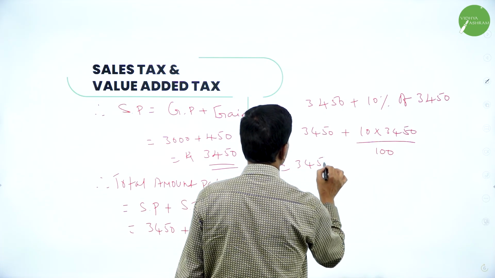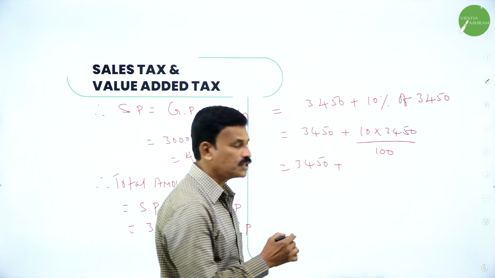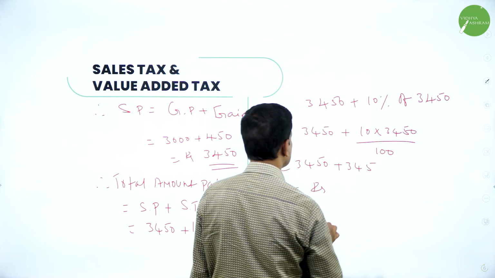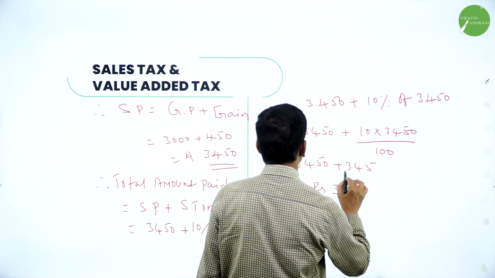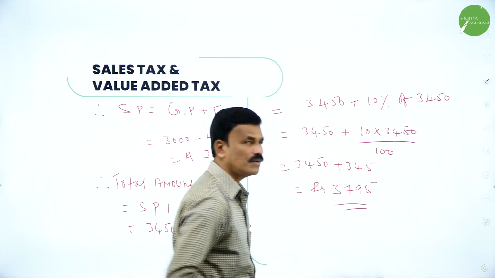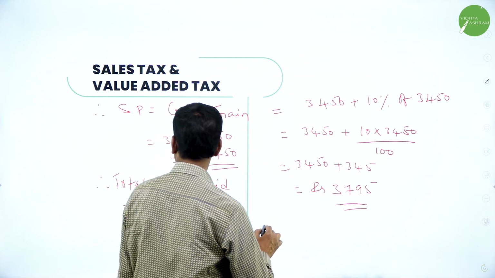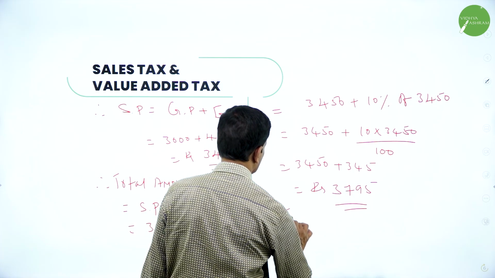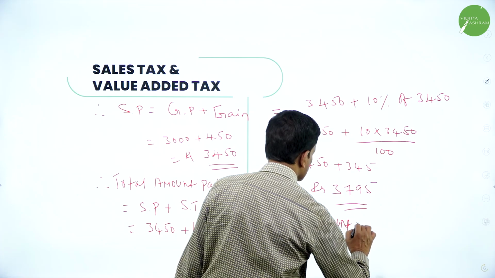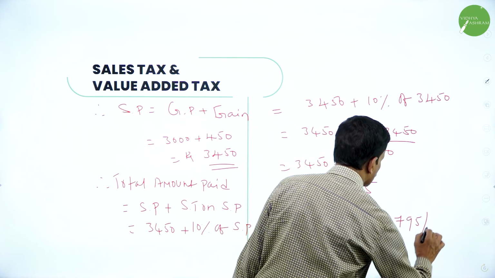So 3,450 plus 10% of 3,450, which is 345. Add this, and it is equal to rupees 3,795. That's it. Therefore the total amount paid is rupees 3,795.